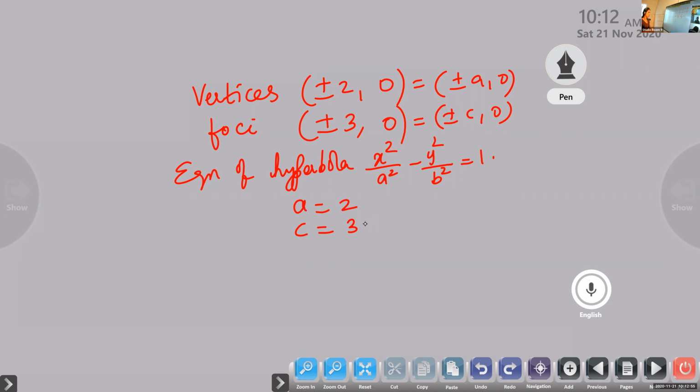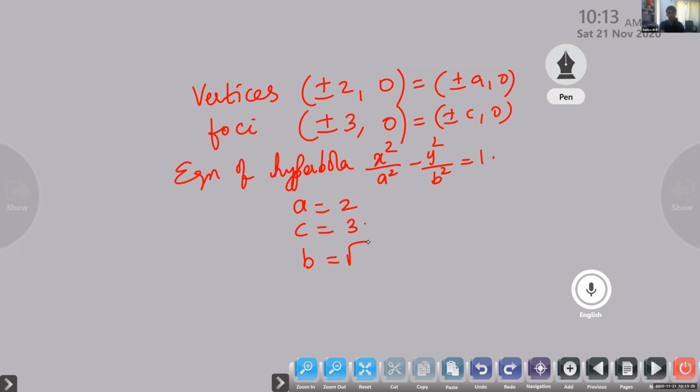From here, find out what is b. After finding b, find out the equation. Root 5.